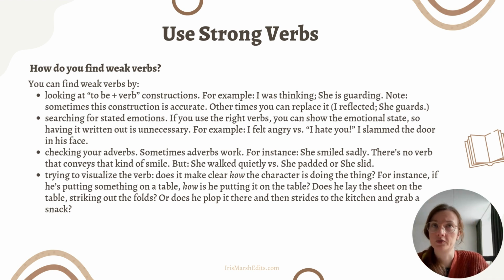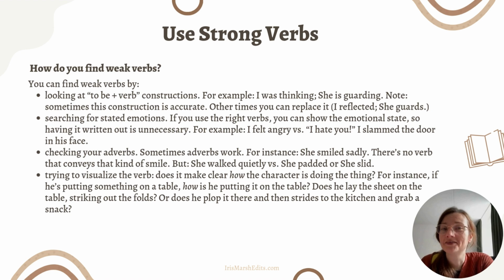Another way to find weak verbs is checking your adverbs. Sometimes adverbs work, so I'm really not opposed to using adverbs at all. I don't think you need to cut all of them out, but you have to take it on a case by case basis. Is there a way you could say it better, or is the adverb doing its job? For instance, she smiled sadly.